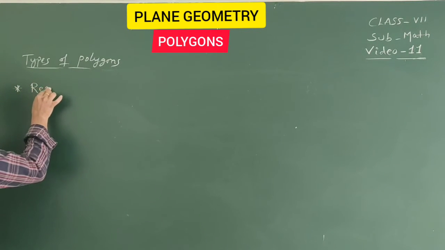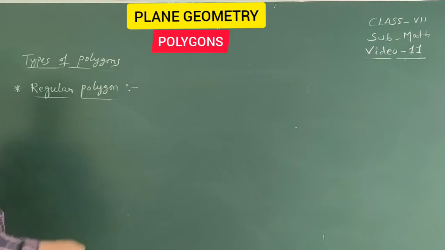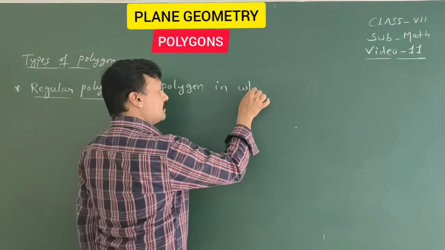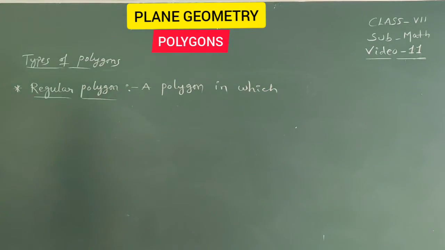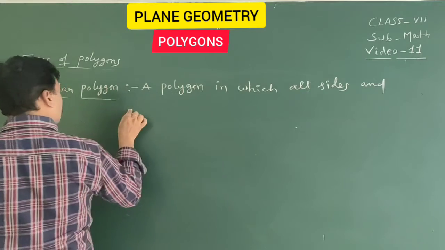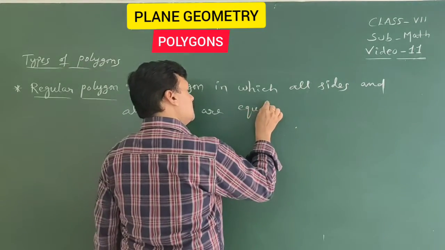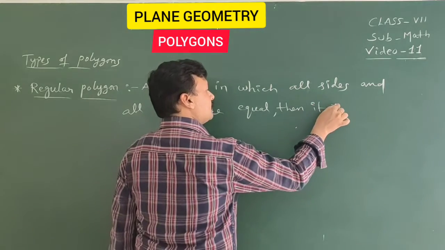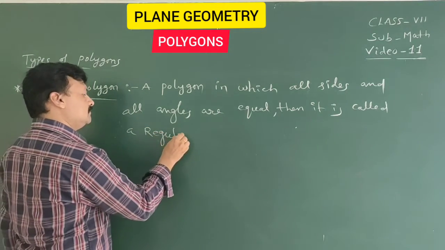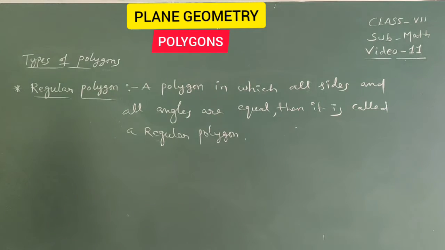Next one, regular polygon. A polygon in which all sides and all angles are equal is called a regular polygon.